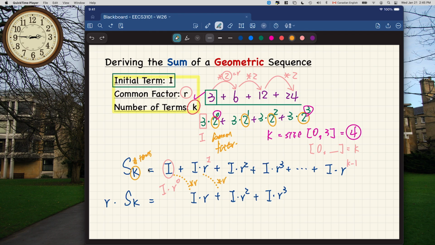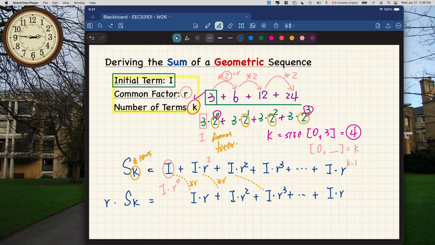Let me just make sure I'm consistent with the notation here. All right, let's just finish the sequence. So you're going to plus all the way. This one here remains to be of size k. We didn't change the length of the sequence, right? We just multiply every term by r. So that means over here you got also I times r.